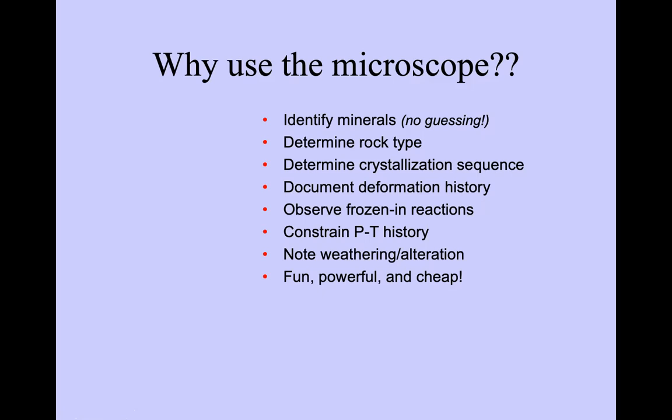But if you can't distinguish it clearly, then it might not be useful when you want a commercial application also. So then you have to take that sample under a polarizing microscope.